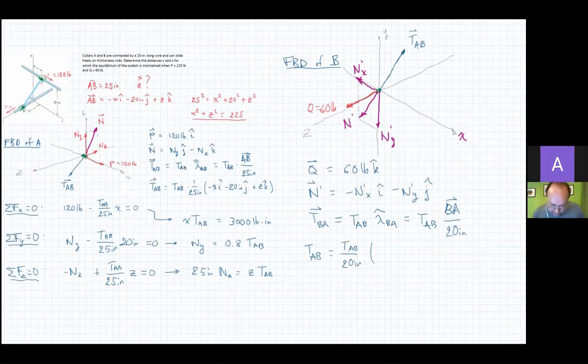So we can just change the signs of the vector that we had before.